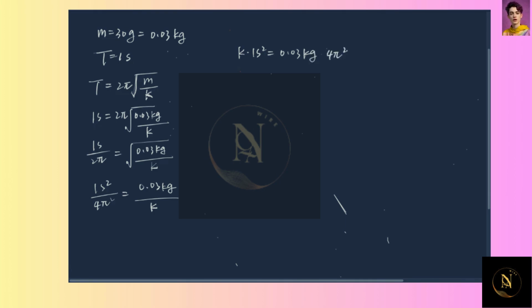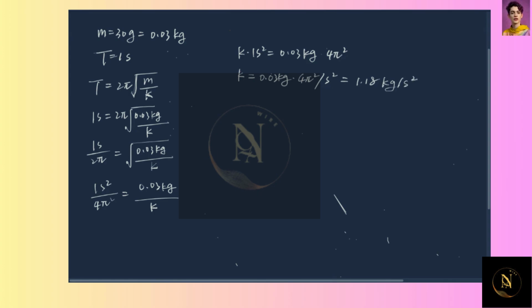Now, if we divide both sides by 1 second squared, we're going to get k, which is 0.03 kilograms times 4 pi squared divided by second squared. That's the unit. And if you round it in the calculator, you're going to get something that's close to 1.18. That's the number. But now we have a sort of confusing unit here, kg divided by second squared.